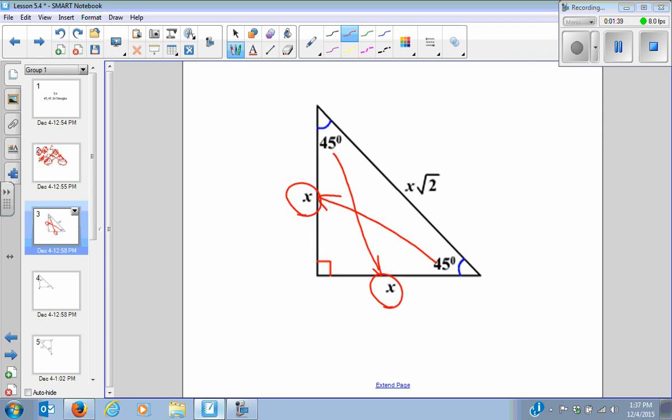Now the weird one is this one over here. The one that's always across from the 90 degrees is going to be this number right here, or this one, because they're both the same, and you're going to multiply it times the square root of 2. So if this is 7, this over here is going to be 7 square roots of 2. That doesn't seem too difficult.